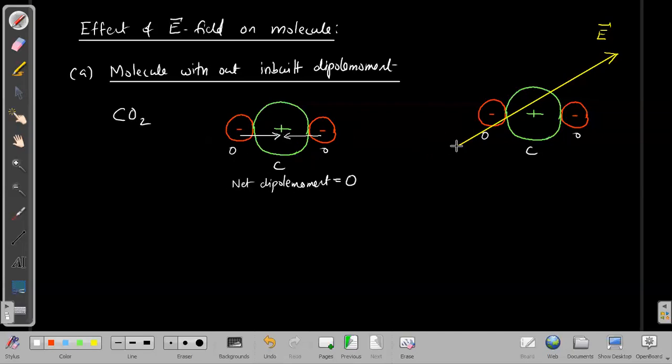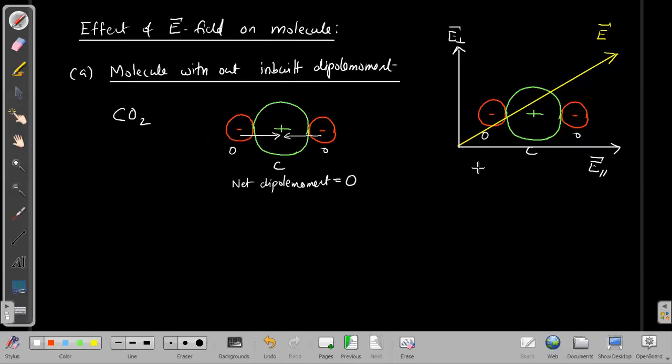Now suppose you apply the electric field in some direction. This electric field I can resolve into two components: the electric field parallel to the direction of the bond and the electric field perpendicular to the bond.